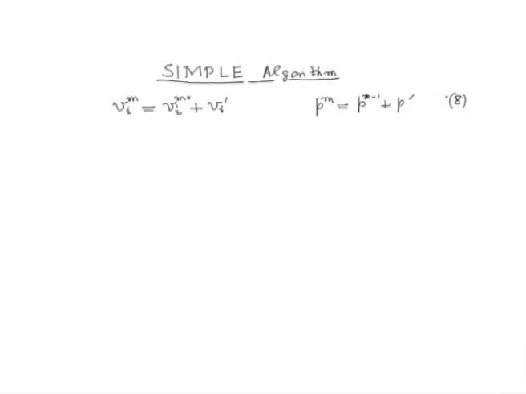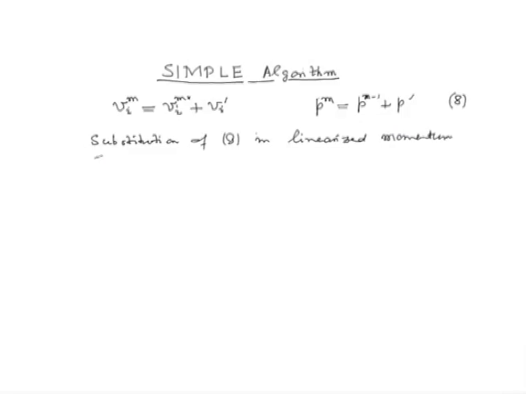Now, if we substitute 8 in the linearized momentum equation which we have obtained for Vi m star, it gives the following relation between velocity and pressure corrections.